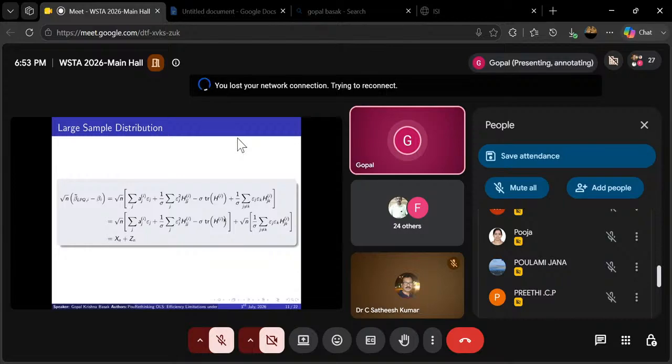And we show that this part goes to 0 in probability. So with the X_n part having a central limit theorem and the Z_n part going to 0 in probability, we then use Slutsky to get the central limit theorem for this one. That's the overall idea of the proof here, which is not very unusual. And then we use the natural assumption of the fourth moment because we need the variance of epsilon_j square, right? That's why we need the fourth moment.